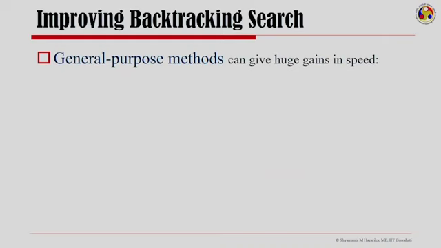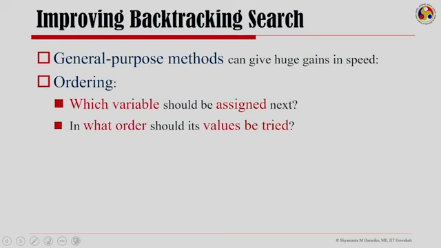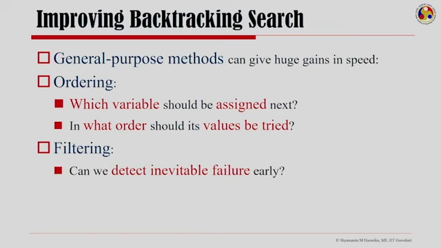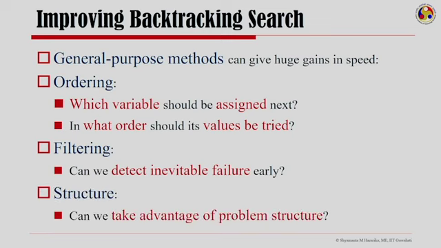General purpose methods can give huge gains in speed and in improvement of backtracking search. Ordering: which variable should be assigned next, and in what order should its values be tried? Filtering: can we detect inevitable failures early? Structure: can we take advantage of the problem structure? These can lead to improving backtracking search.